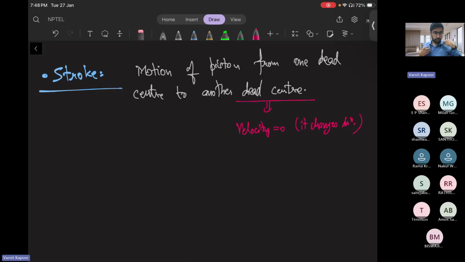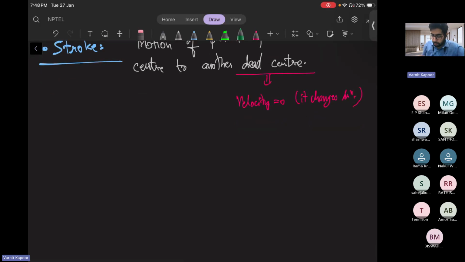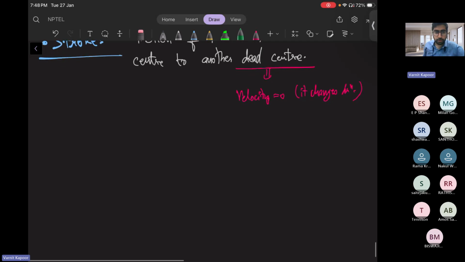Now we'll come to the clearance volume and clearance ratio definition. Although I gave a glimpse of what clearance volume is, let us understand it in technical terms. Again, I have a piston cylinder arrangement.